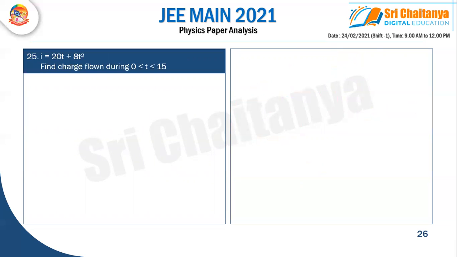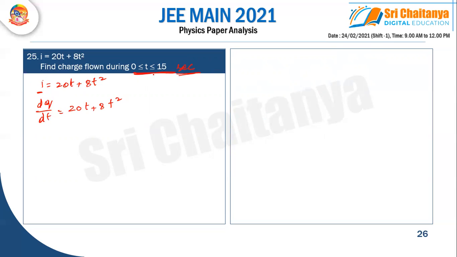Now we are given I is equal to 20t plus 8t square, and we need to find the charge flowing from 0 to 15 seconds. He's asking us to find the charge flowing from 0 to 15 seconds.